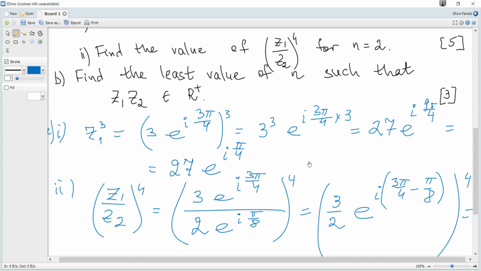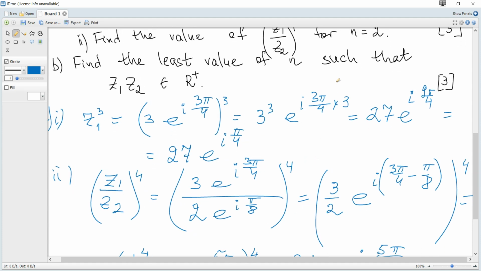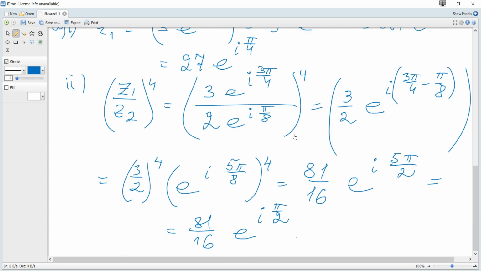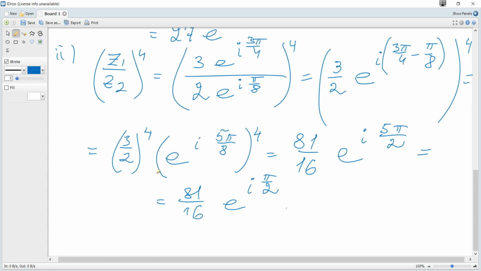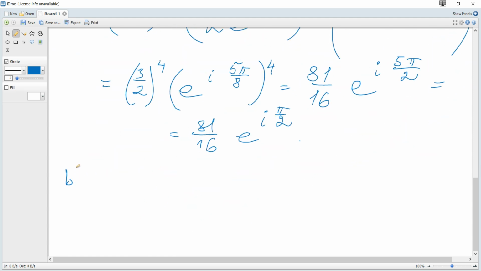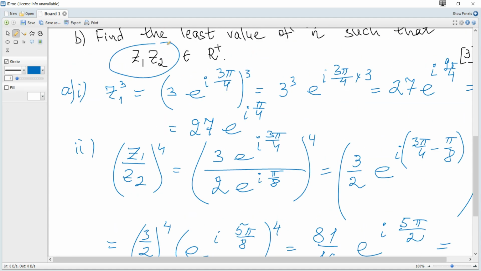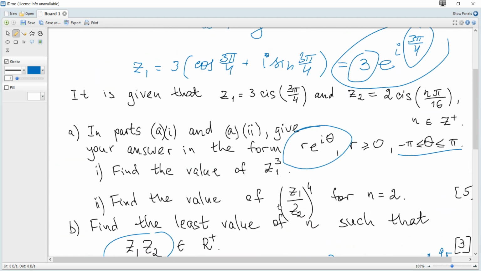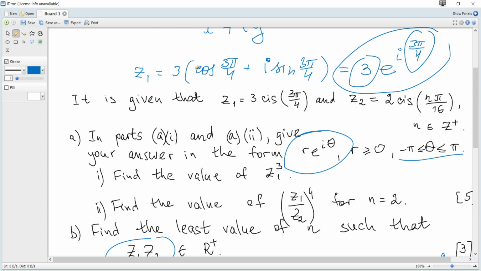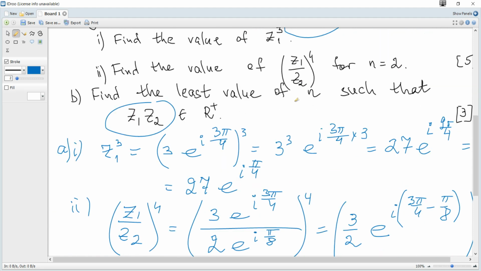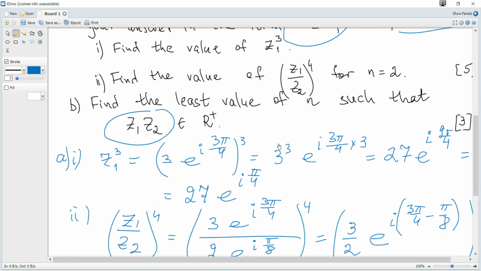And the next question, find the least value of n such that z1 times z2 is real and positive. It's quite a typical question. You need this complex number to be represented in the modulus argument form, like r cosine plus i sine. So let's consider this product.